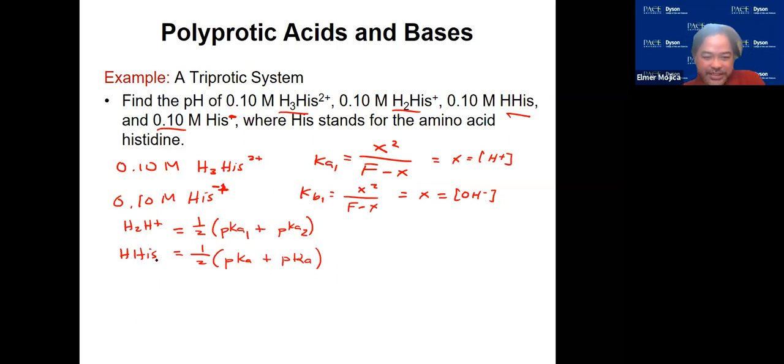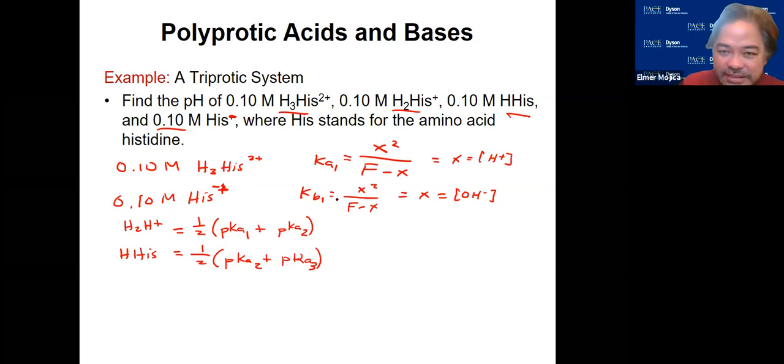And for the other intermediate, it's one half of pKa2 and pKa3. That's the answer that you need to do. So when it's an intermediate, all you need to do is look at the average of the pKa involved on that thing.